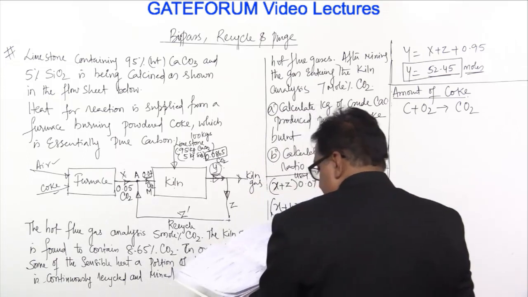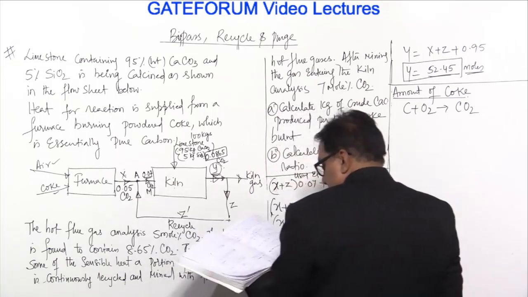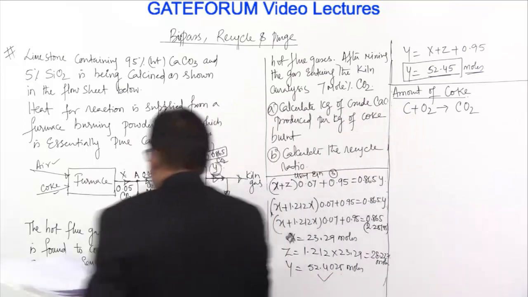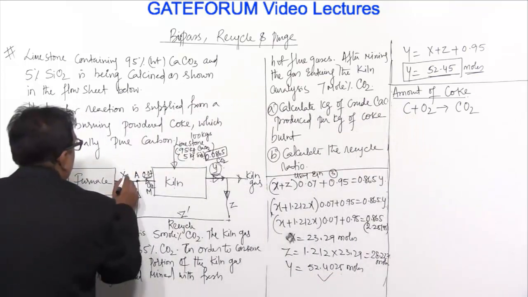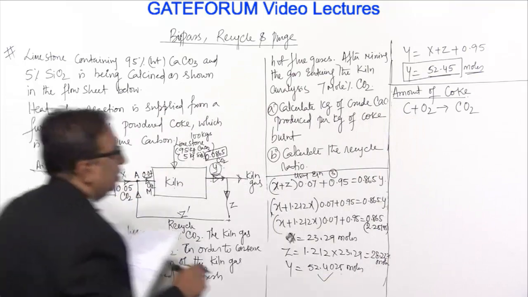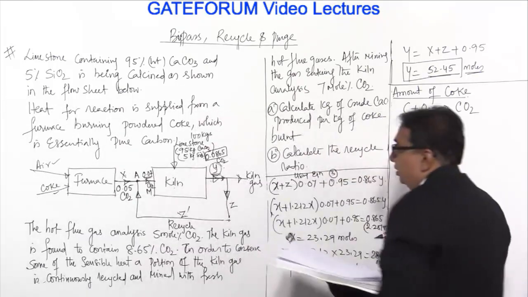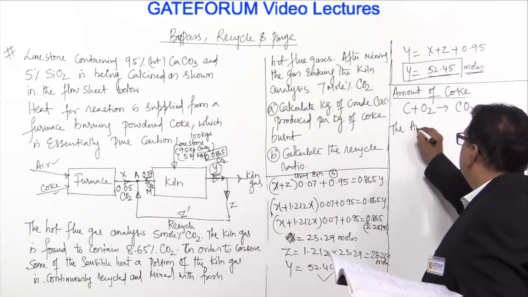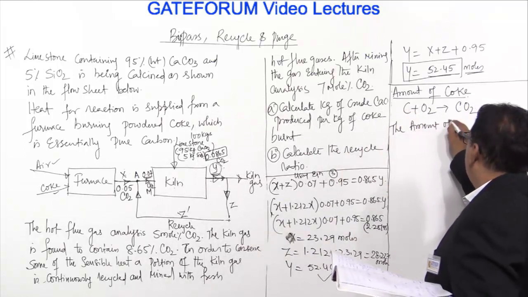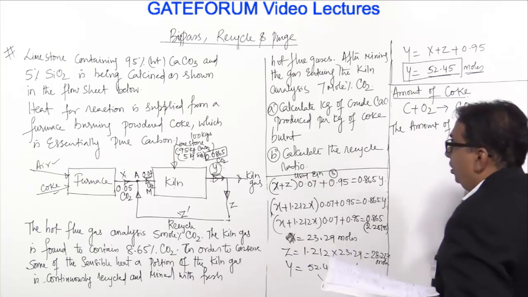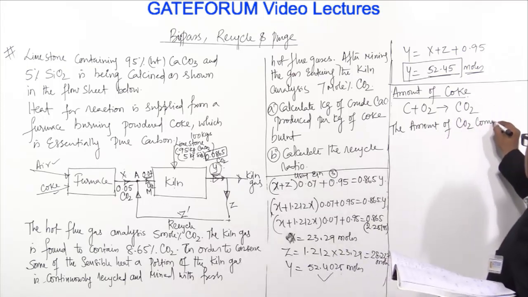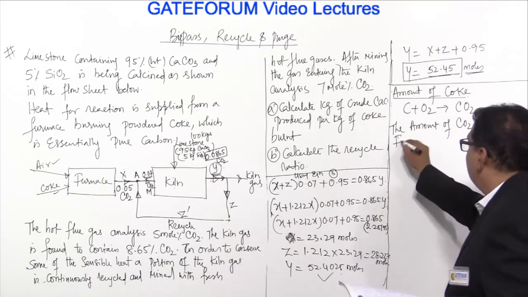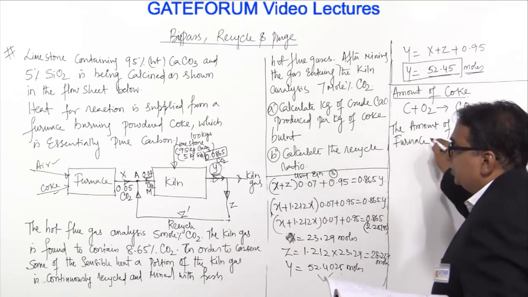Right. So how can we get CO2 here? Because from here I can get the amount of CO2. The amount of CO2 coming out of the furnace, how much is it?